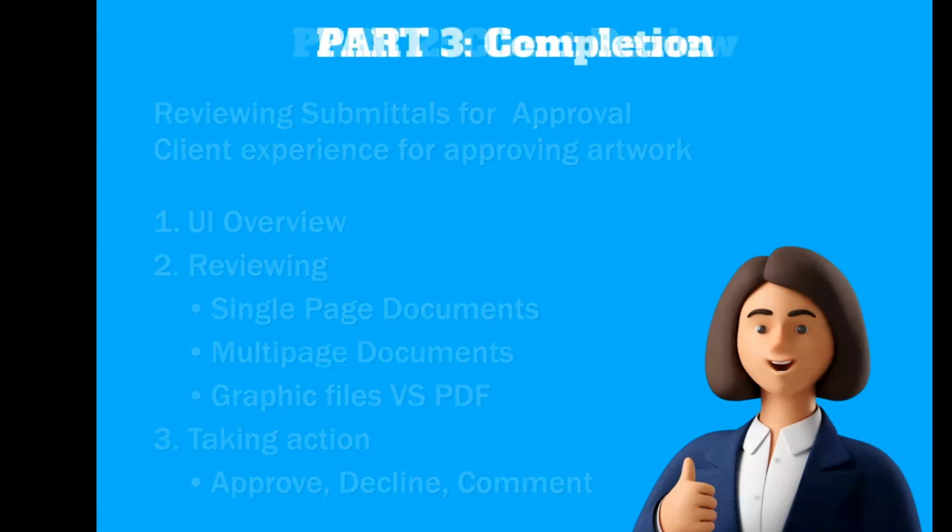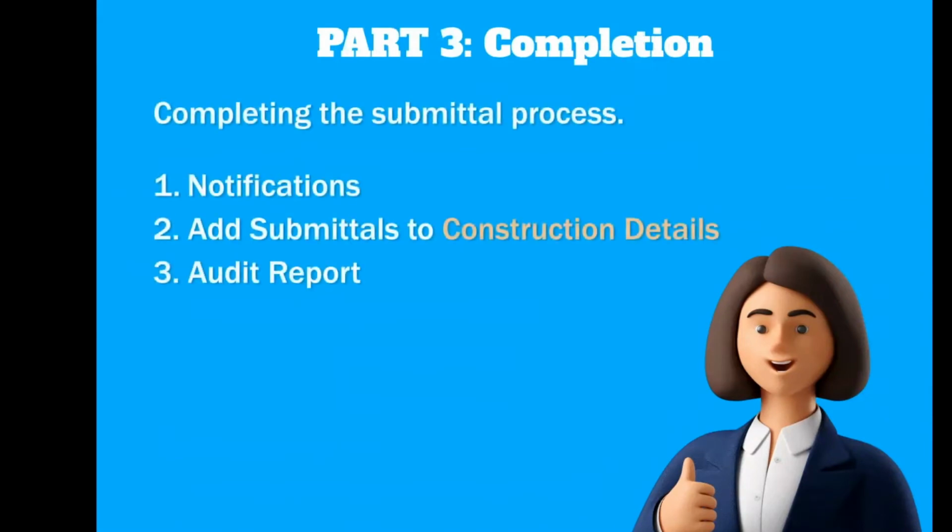All right, and then finally, what we're going to look over here is the completion process, the notifications that you get, the construction details that now can be added to the order for fabrication or production, and then ultimately the audit report, which is the last document that gets submitted to everybody when the process has been completed, okay? So this is the decisions that were made throughout the entire document that we'll see in the audit report.